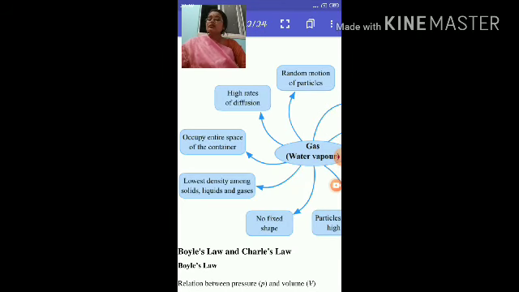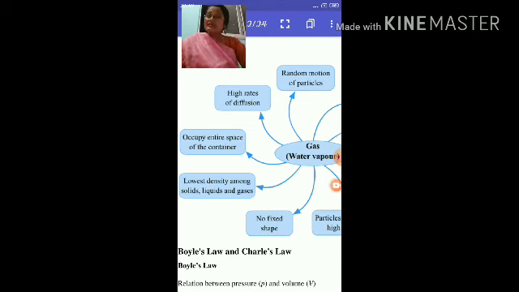Density means the ratio of mass and volume. Mass by volume is equal to density. Small d denotes density, small m denotes mass and capital V denotes volume, then d is equal to m by V, and this density value is lowest in gas among the solids and liquids.